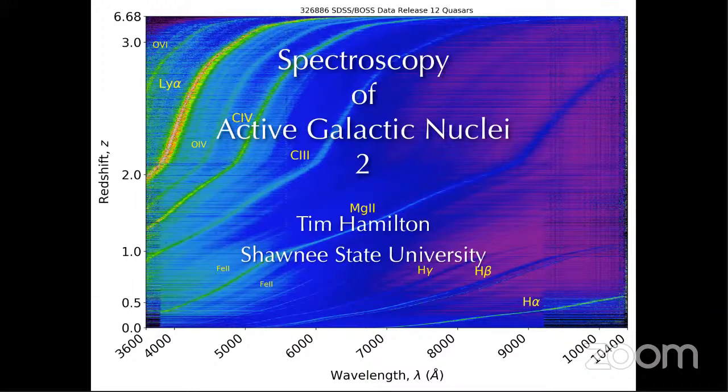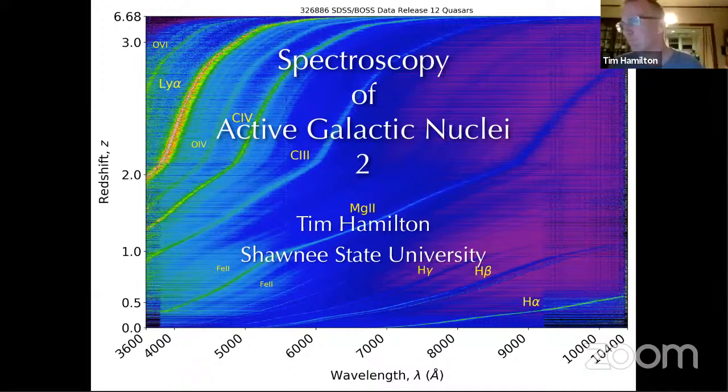Okay, thank you. What I'm showing here is actually the same title slide that I had before, but this is showing the spectrum of thousands of active galaxies done with the Sloan Digital Sky Survey. On the horizontal axis, we have the wavelength starting at 3,600 angstroms in the near ultraviolet, and going all the way out through the near infrared to 10,400 angstroms.